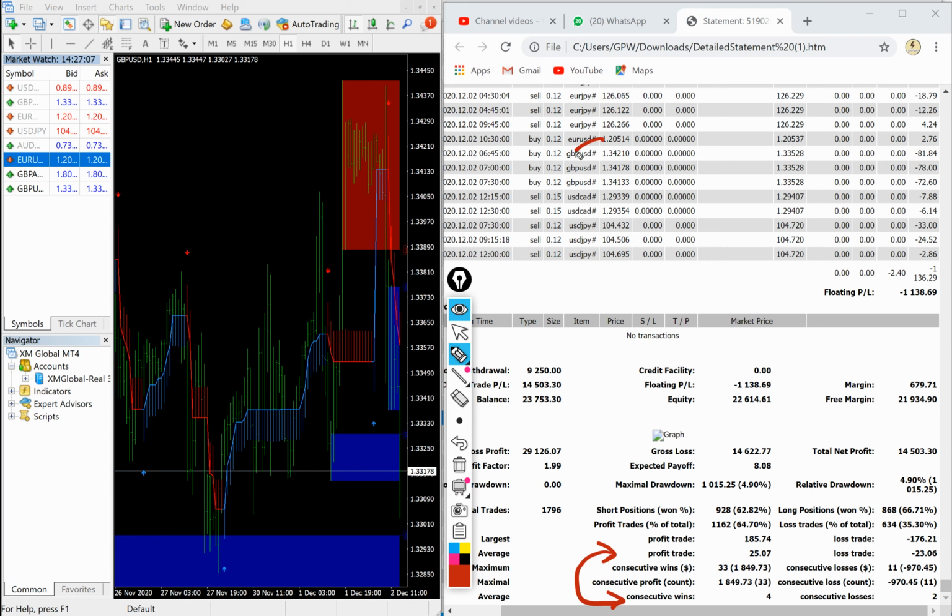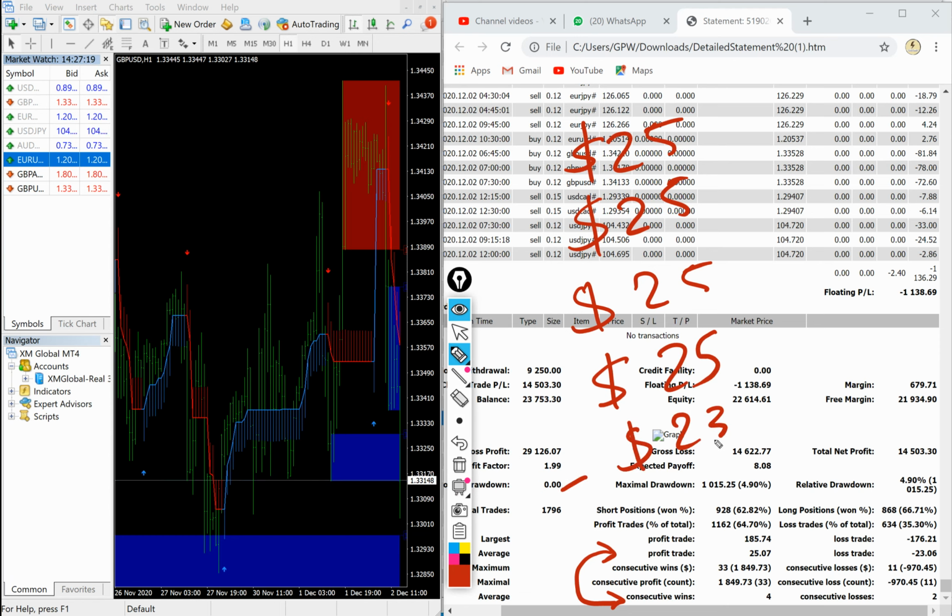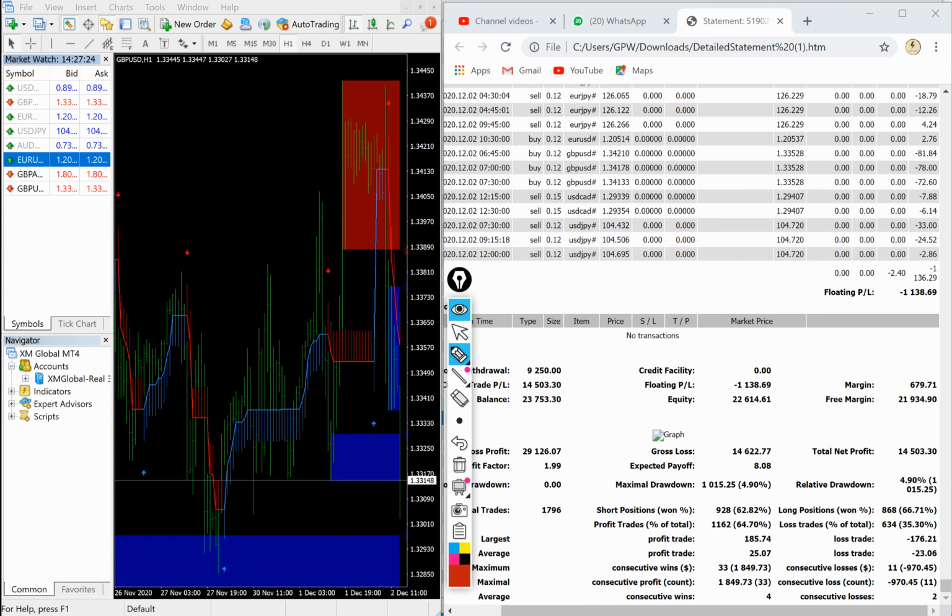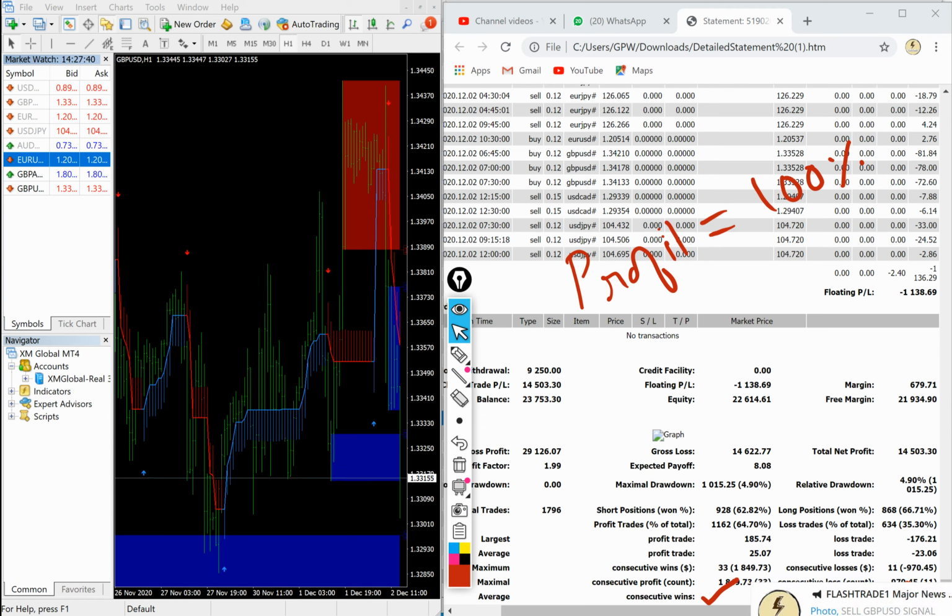It means that 4 consecutive profits of $25 are made and then 2 loss trades will come. So as long as the consecutive wins are more than the consecutive losses, the profit is 100% sure on the account. You can confirm that there is profit on the account.